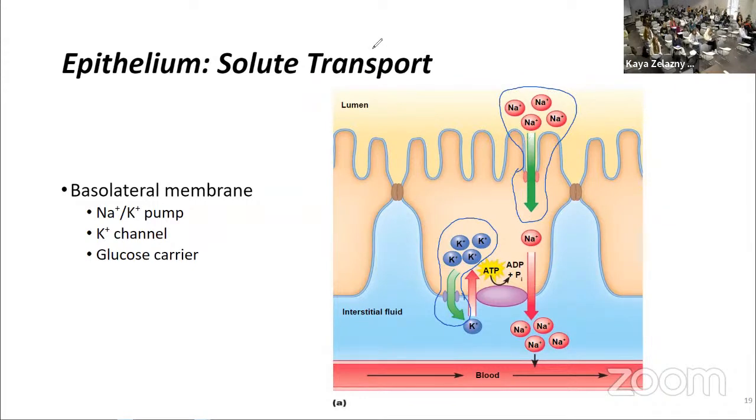If we have open channels, these are the directions they would move, because sodium would be moving towards this artificially low concentration of sodium inside the cell that we've created with that pump. And the potassium is escaping that high concentration of potassium that we're building up inside the cell as we build this up.